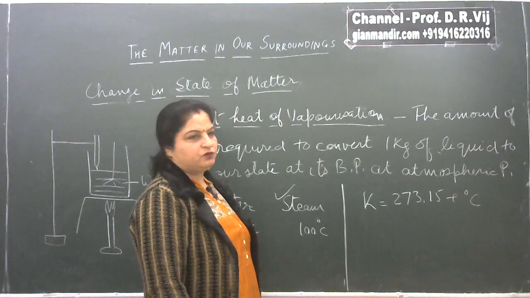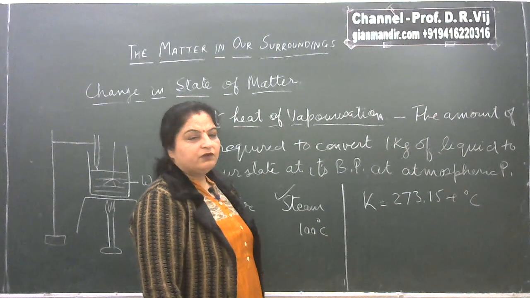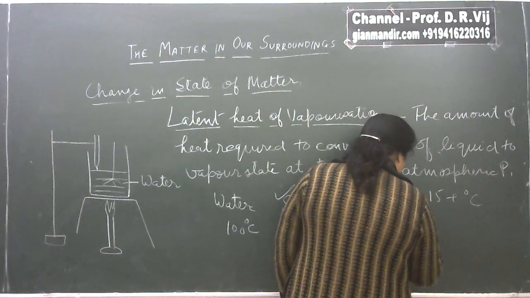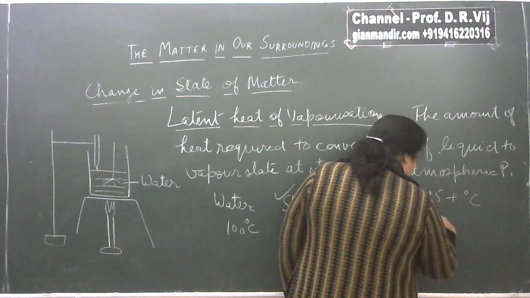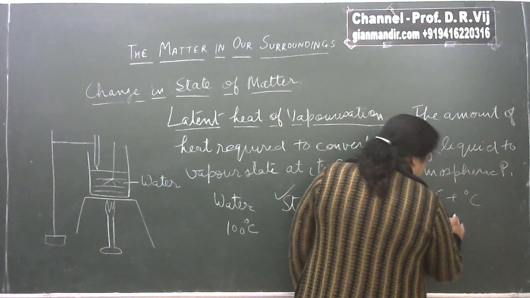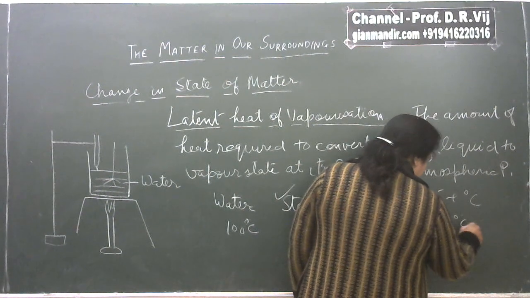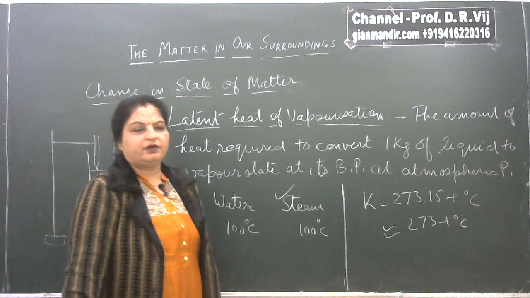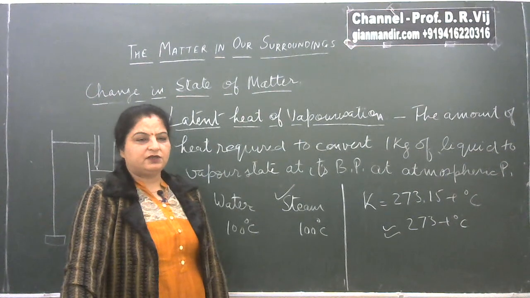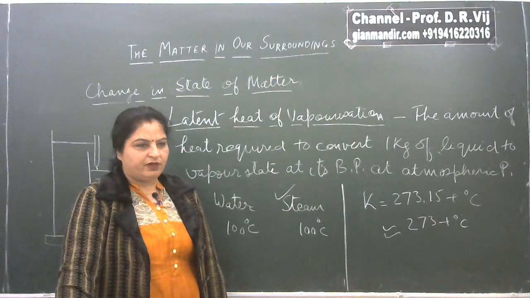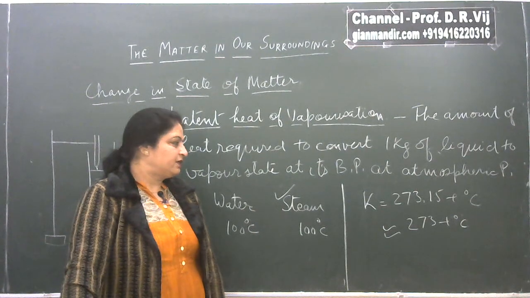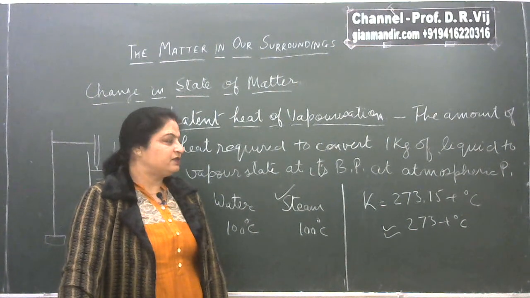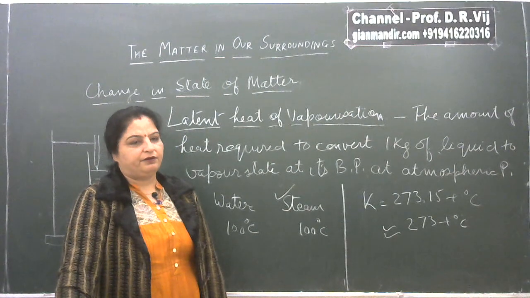The exact relationship is 273.15, which we round off for convenience of calculation. We make it 273 plus degrees Celsius. So if we look at the freezing point of water, it is 0 degrees Celsius or 273 Kelvin, and the boiling point of water is what? It is 100 degrees Celsius or 373 Kelvin, right?